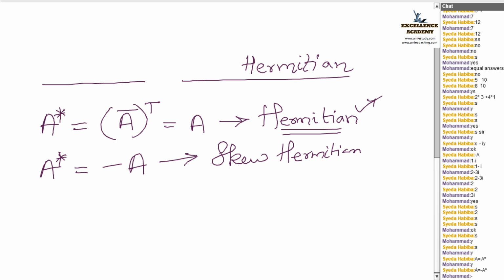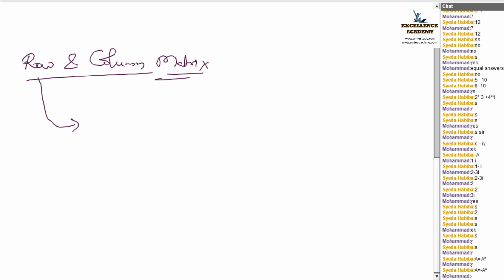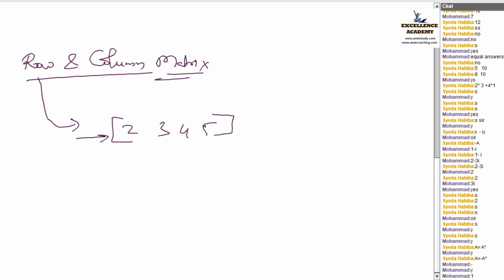Okay. Next one is a row and column matrix. Row vector or row matrix means it has only one row and any number of columns. For 2, 3, 4, 5, what about the number of rows? 1. What about the number of columns? 4.